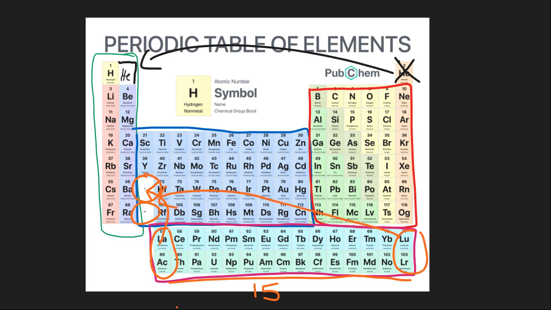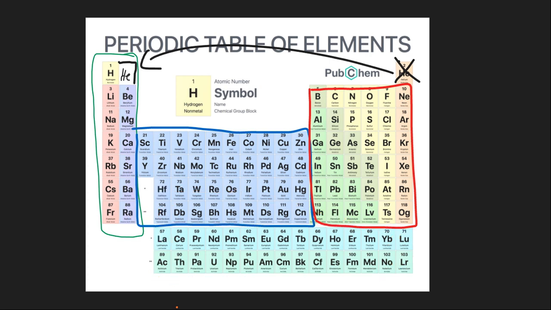Personally, it makes more sense, in my opinion, to put the Lu and the Lr in these two positions. However, if your teacher says differently, you definitely want to go with what your teacher says. That means we're going to rearrange these elements. We're going to call this bottom block the f block. We're going to remove these two elements, and we're going to put them here.